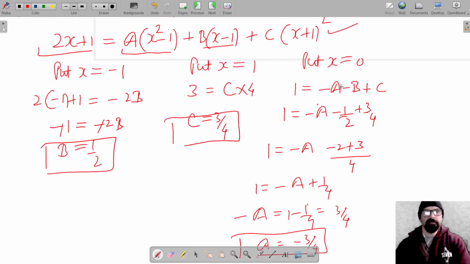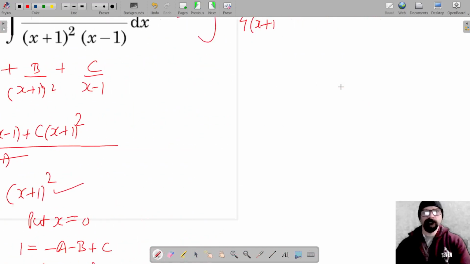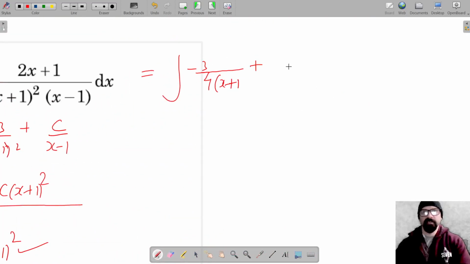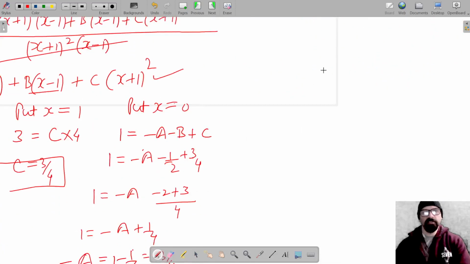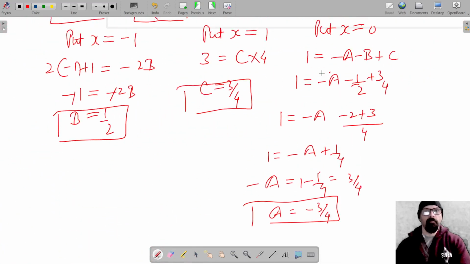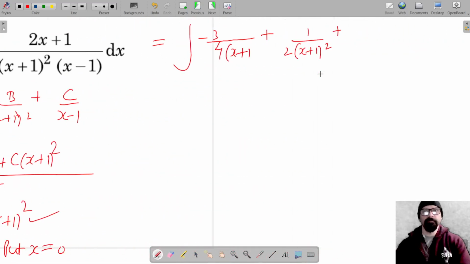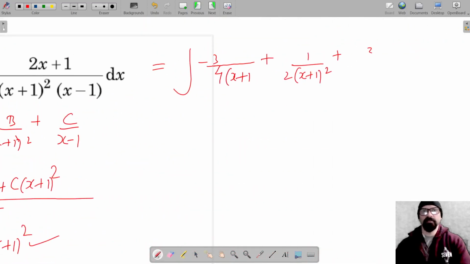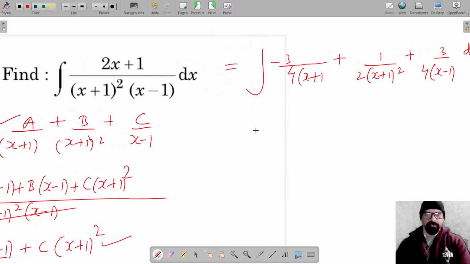Now b is half, so this is half of x plus 1 the whole square, plus c. C is 3 by 4, so 3 by 4 into x minus 1 into dx.